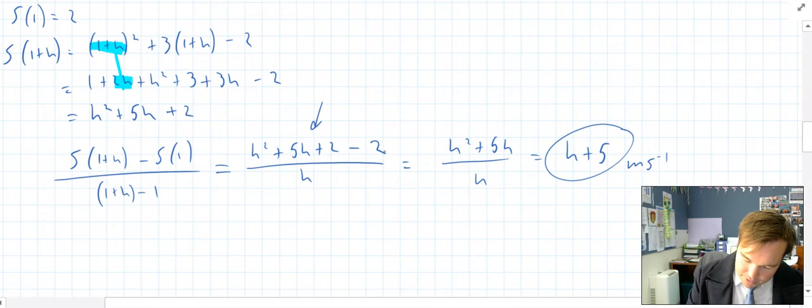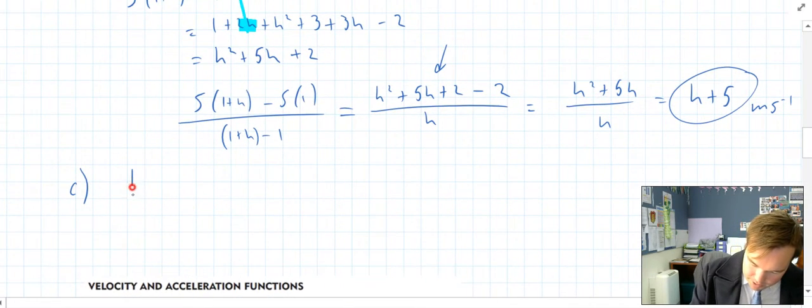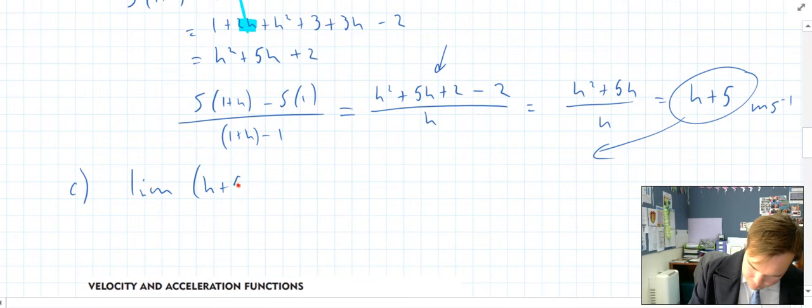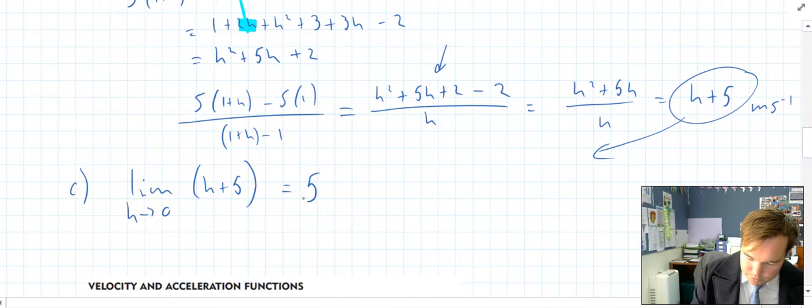And we can see that if we follow the algebra out here, we're looking at the limit. We could have started there, but I'll just bring back our answer from here. As h plus 5, as h approaches 0, well, that's just equal to 5 meters per second.